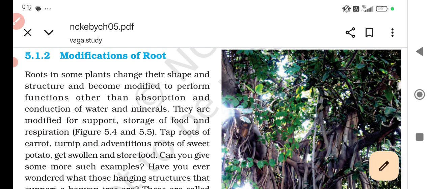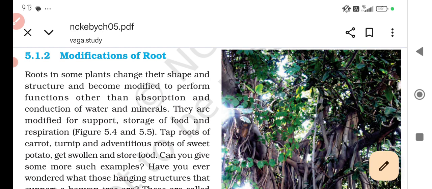So what do we mean by modifications? Modifications means changes. Changes in what? Changes in the structure, or the external features, of the plant. Suppose we are talking about root modifications, it means changes in the external structure of the root.